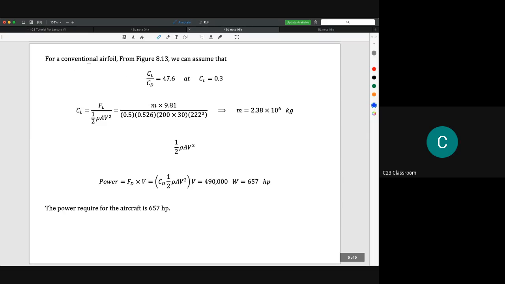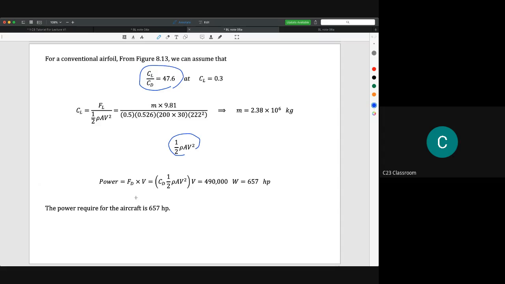So let's say the conventional aerofoil, so we take the value of CL over CD, 47.6 at CL 0.3. So we substitute the value of CL here, 0.3, then we could get the mass is 2.38 times 10 to the power of 6 kilogram.